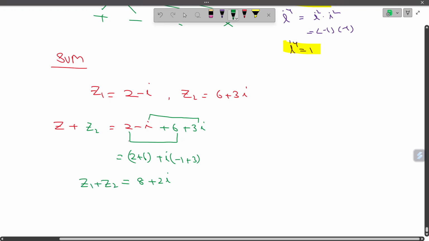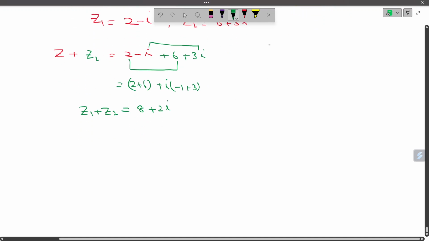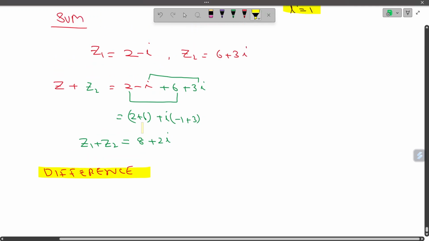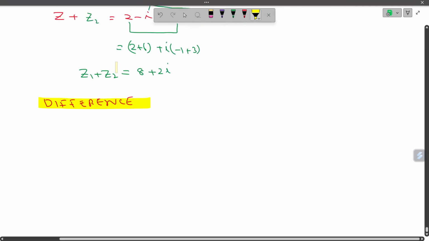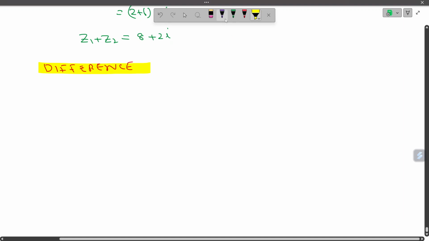The second part is the difference, or subtraction, of complex numbers. Suppose z1 minus z2. What is our z1? 2 minus i.